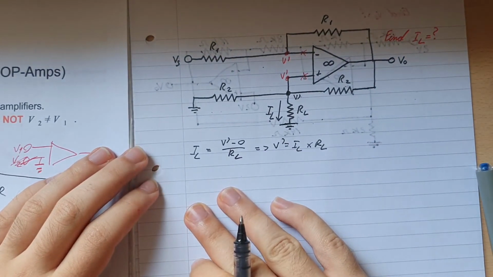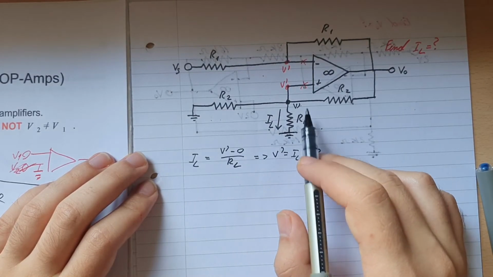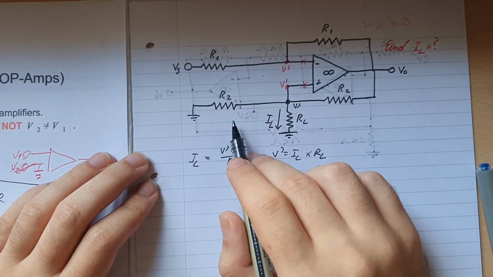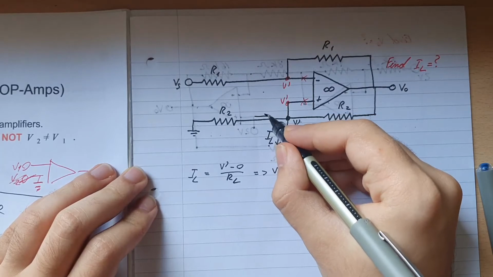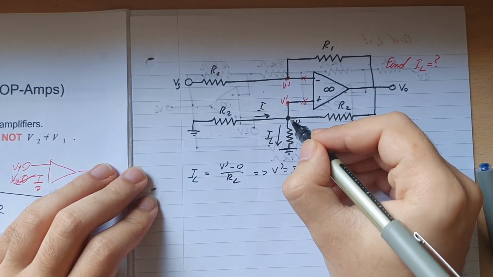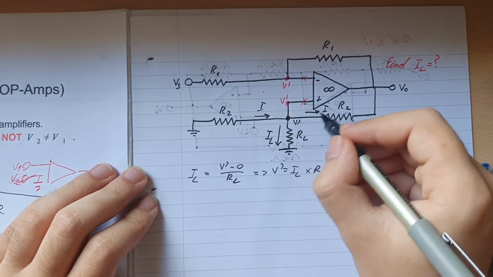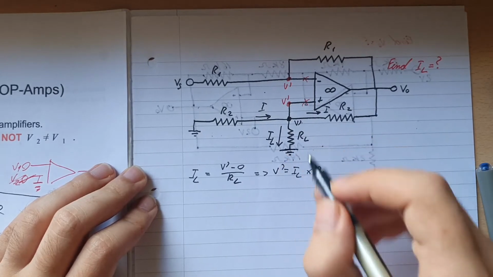Okay, next we can determine IL by doing these calculations. This one here is the current coming into the node, and this will be the current leaving the node. So it splits up at this point, and this is the original current.